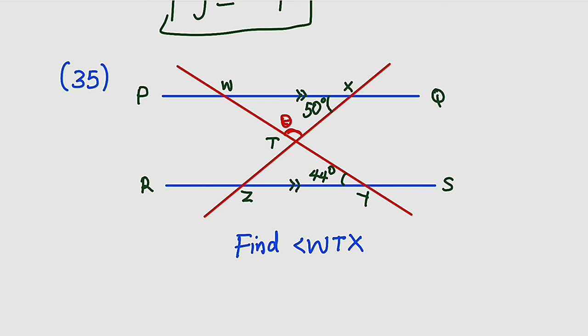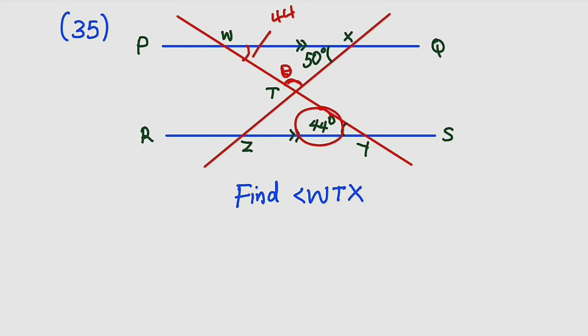So this implies that this angle is alternate to this one, right? So this particular one will be 44 degrees as well. And we have a triangle here, and you remember that the sum of all the interior angles of a triangle equals 180. So if we add 44, 50 and theta together, we are going to get that 180. So 44 degrees plus 50 degrees.